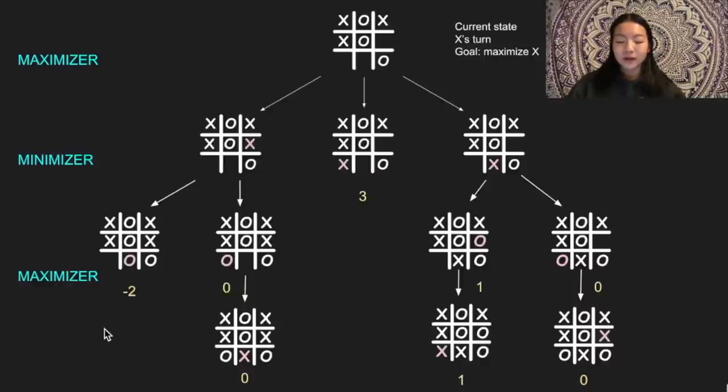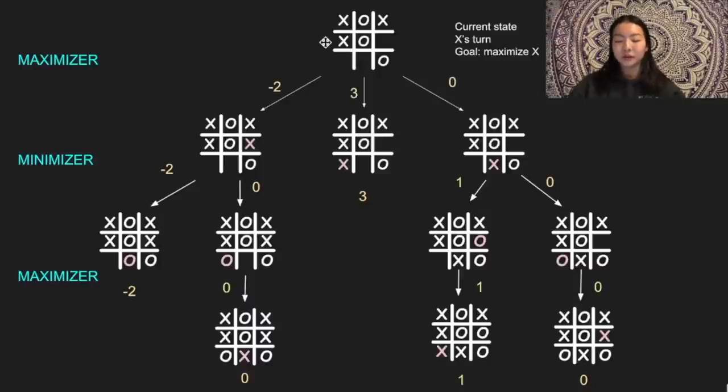And in this case, on the left-hand side, it's between -2 and 0. And since -2 is less than 0, the left gets assigned a utility value of -2. The middle is still 3 because there's no additional options after that. And on the far right, we're choosing between 1 and 0. And since 0 is less than 1, the far right has a utility of 0.